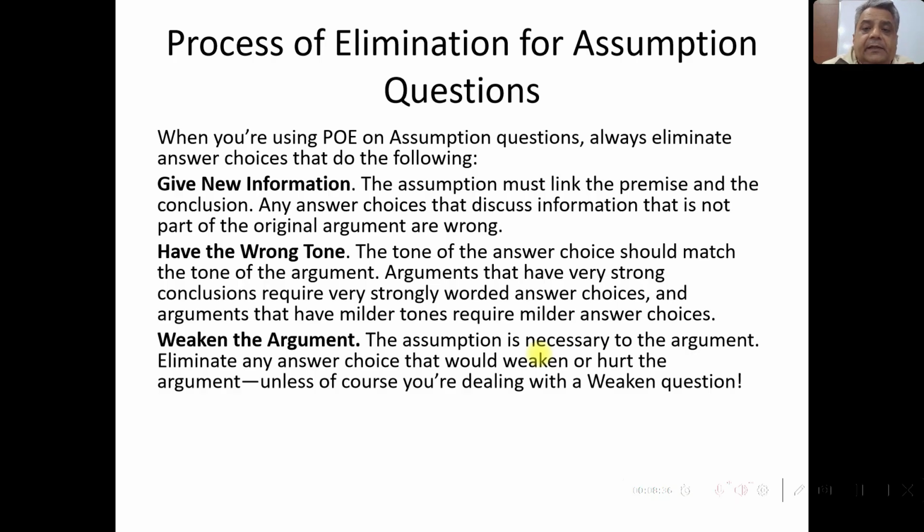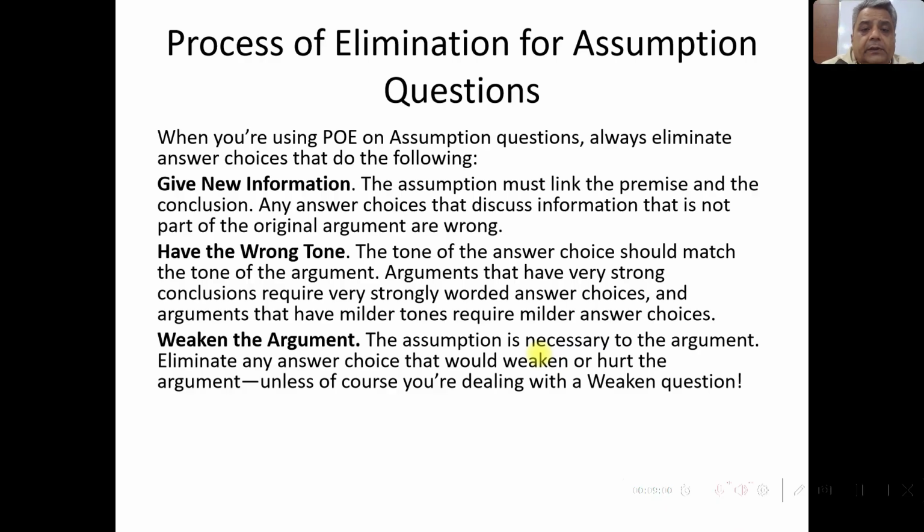The assumption must link the premise and the conclusion. Any answer choices that discuss information that is not part of the original argument are wrong. So any option which seems to be out of scope of the argument obviously has to be eliminated.